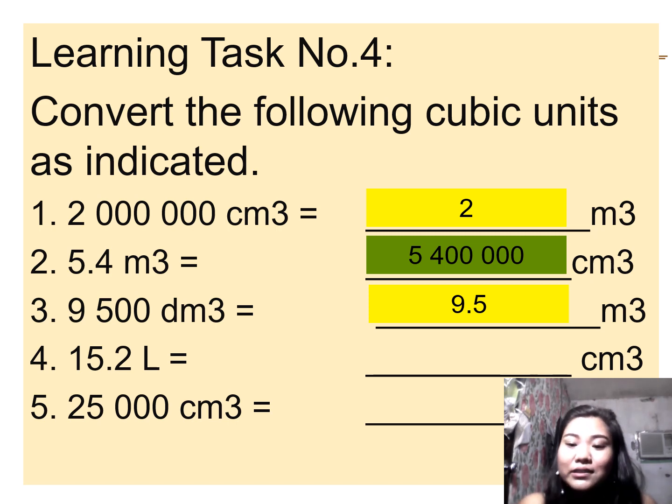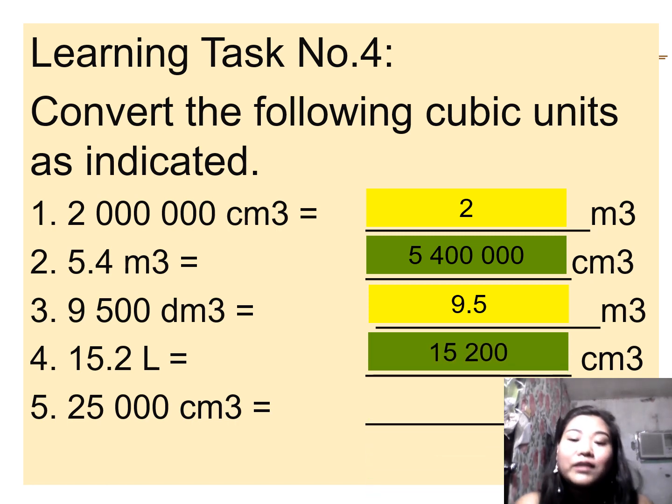15.2 liters to centimeter. What will you do? It will be 15,200 centimeter. So, we multiply by 1,000. Next.